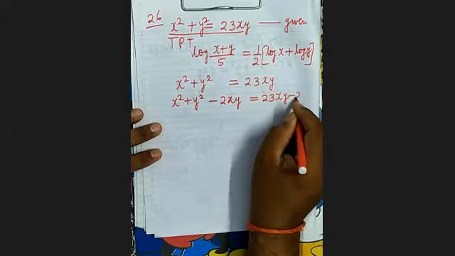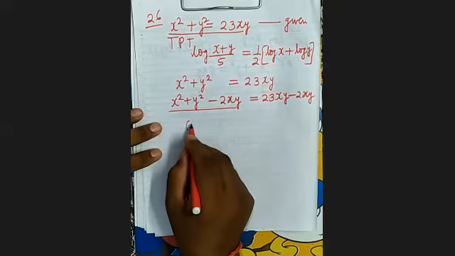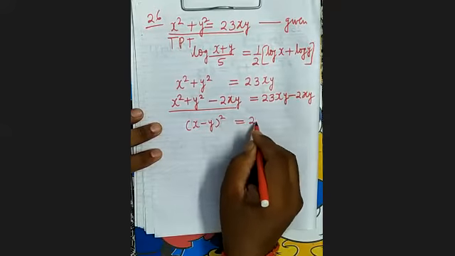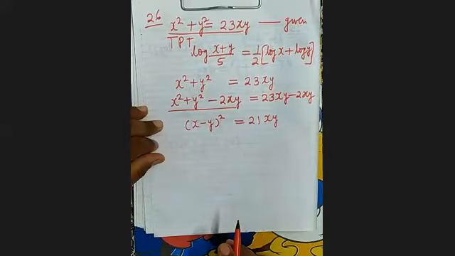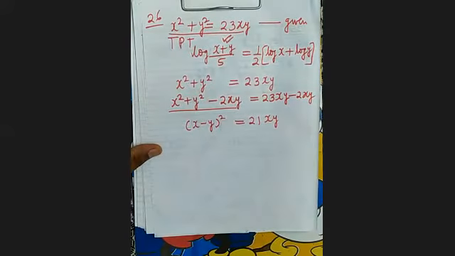23xy minus 2xy. These three terms together will be (x minus y) whole square equals 21xy. But you can see here, there is the term of x plus y.